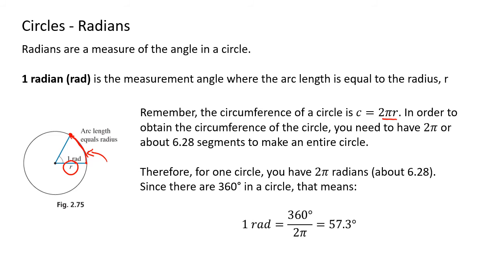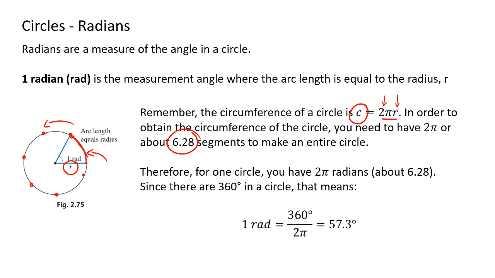So if you go the entire circumference, you're going 2 times pi times that radius, or arc length. 2 times pi equals approximately 6.28, and that would happen 6.28 times as you keep drawing it around this circle. So you can have 6.28 radians in a circle.